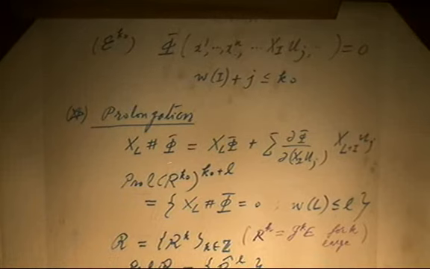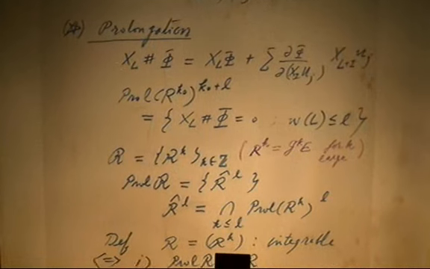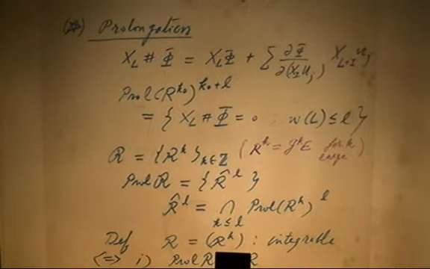Given a differential equation phi, we have a notion of formal derivatives. That is, for x_l we define x_l phi like this. The usual notion of prolongation is easy to define.